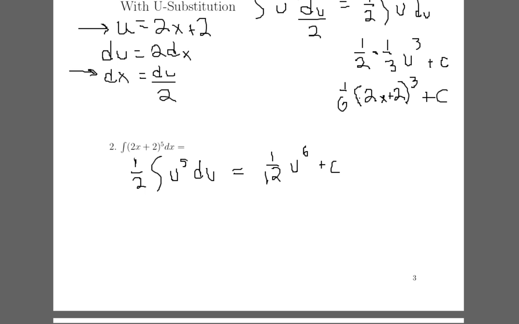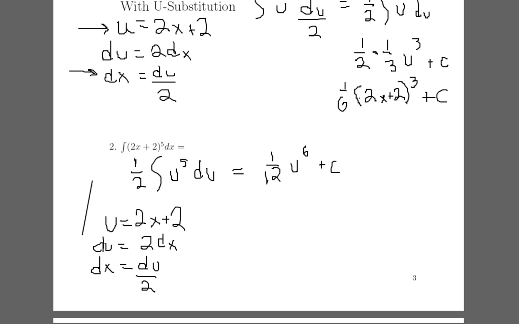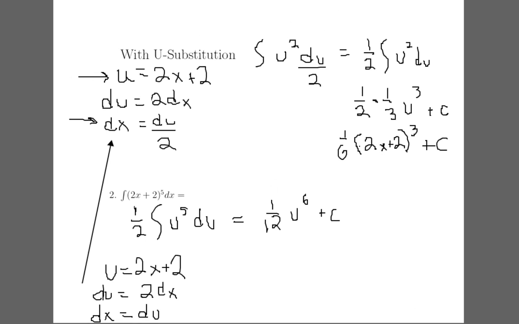So for part 2, we would choose u equals 2x plus 2, du equals 2 dx, dx equals du over 2, which is the same as up here. But in this case, we have a power of 5.